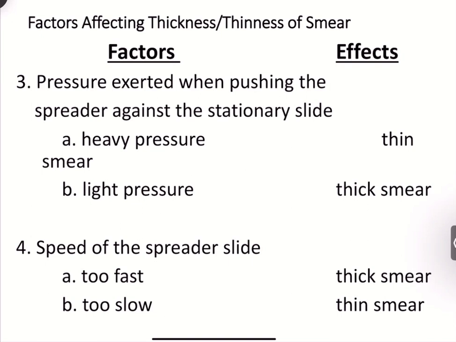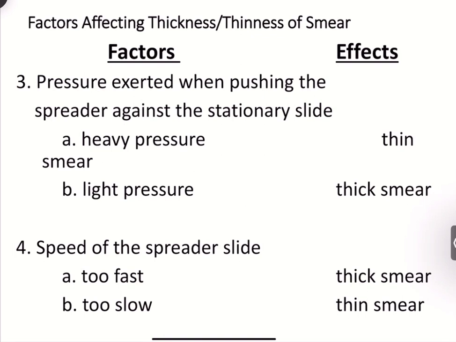How will you assess if you have heavy pressure or light pressure? There's no measure, you just estimate. Don't press too hard, and don't hold the slide too lightly. Then the speed: too fast, you will have a thick smear, and too slow is a thin smear.